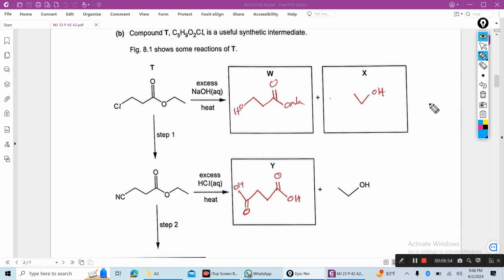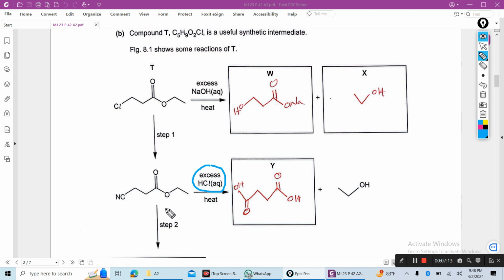Then step 1, you see chlorine goes to cyanide, a nitrile compound. Then the nitrile compound, which also has the ester COO group, reacts with excess aqueous hydrochloric acid.